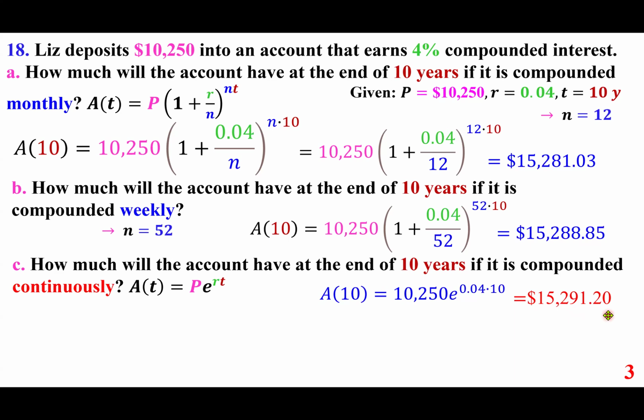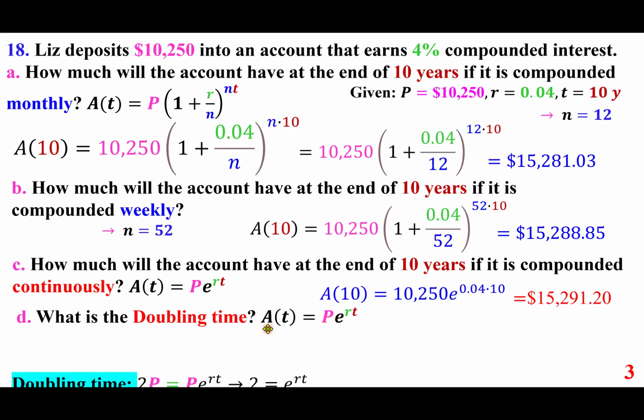Now, with these concepts, both of them, especially this one, there is this concept of doubling. What is the amount of the doubling time for the continuously compounding case? So I want to go over that, not necessarily this one, but in general. So when it's going to be doubled up, P becomes 2P on the left.